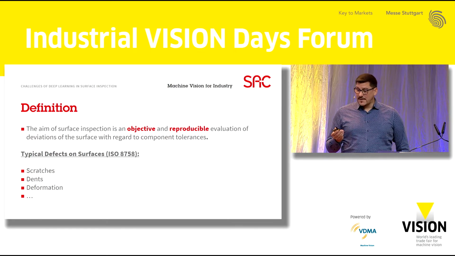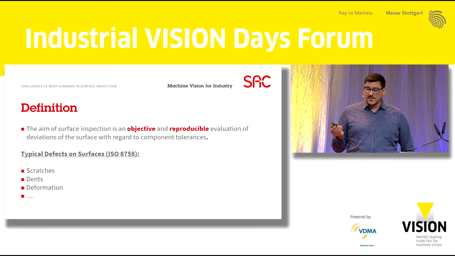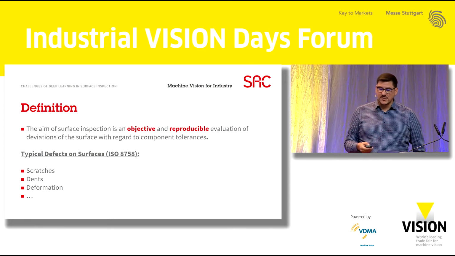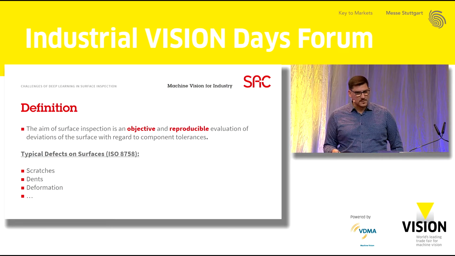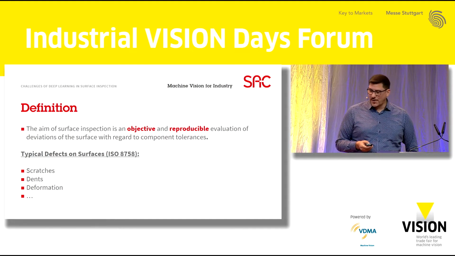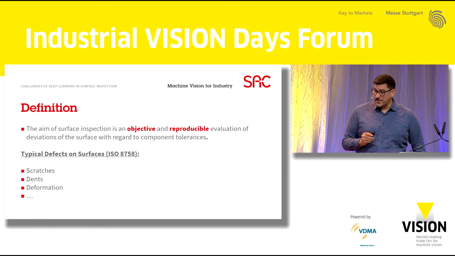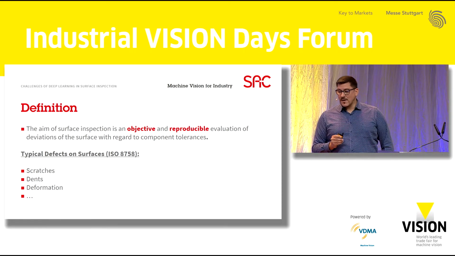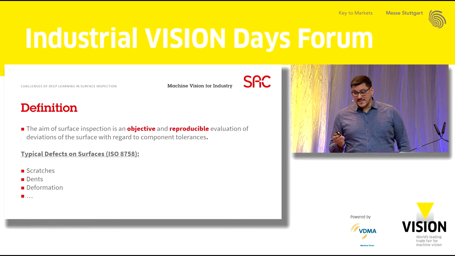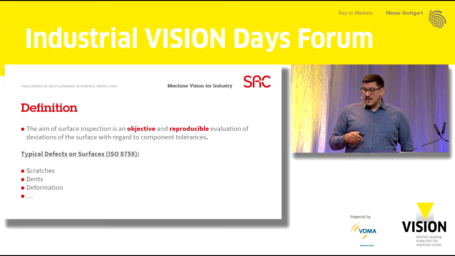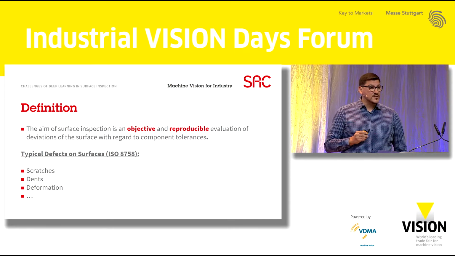You will also find the definition of typical surface defects, such as scratches, dents, deformations, and so on. I don't want to bore you with all the other listed defects, but all of them have one common feature. Depending on the material, surface texture, and size, the defects are very challenging in visual 2D surface inspection.